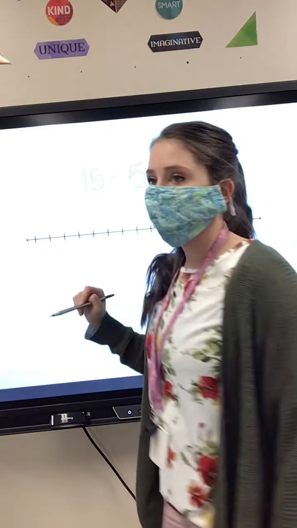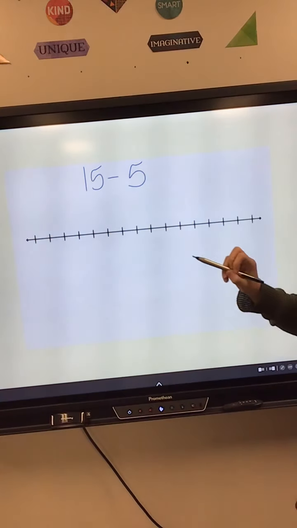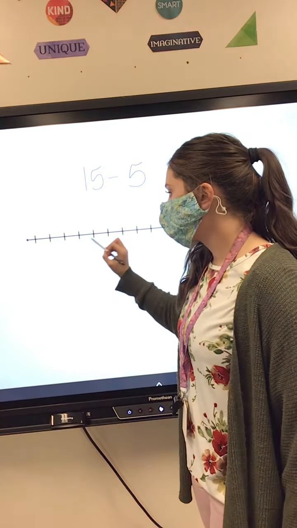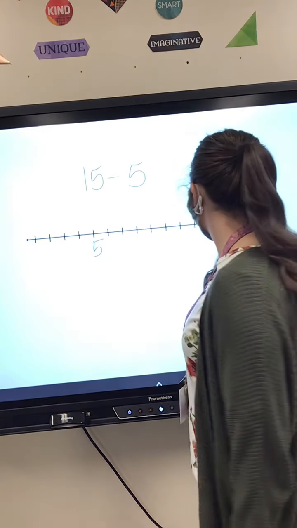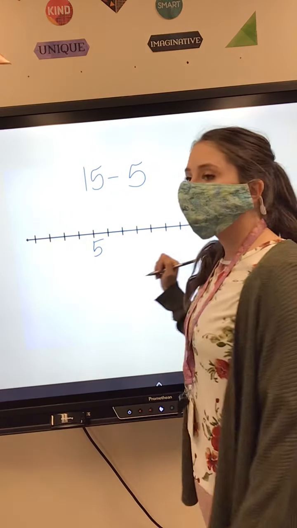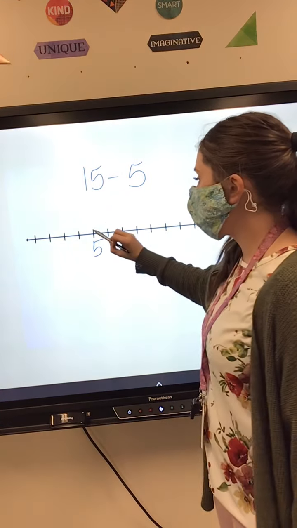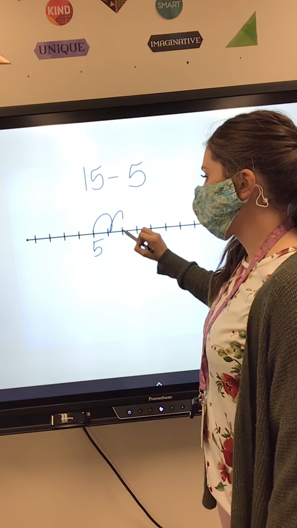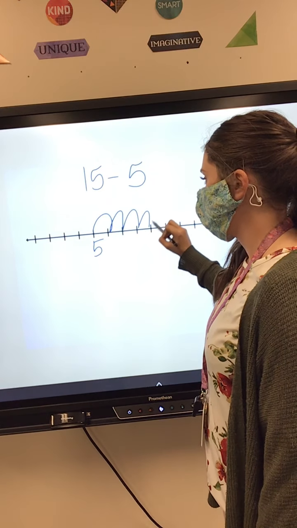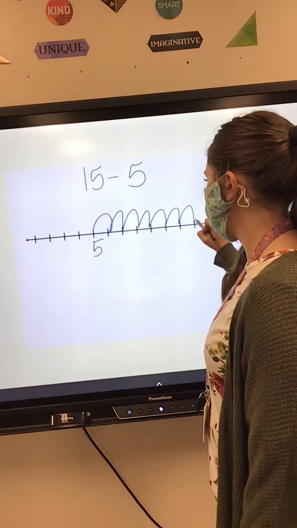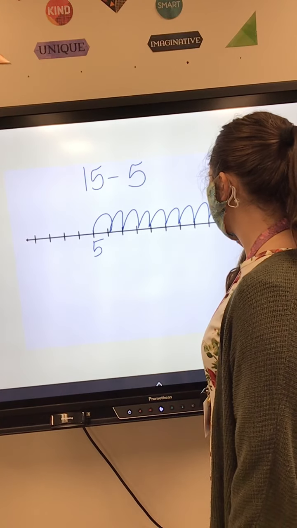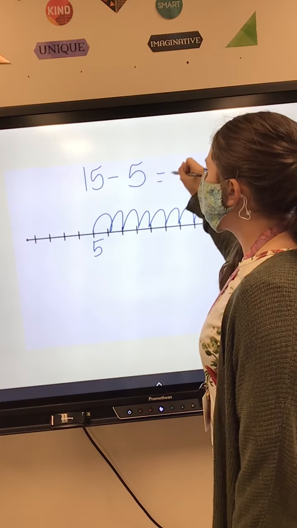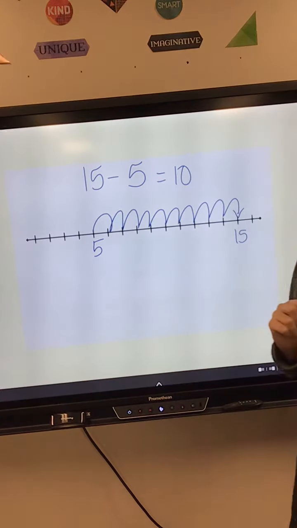I can't do it. Can we start at 5? Let's see. If we start at 5 and we take 15 minus 5, let's see. 1, 2, 3, 4, 5, 6, 7, 8, 9, 10. So that would be 10. Is that right? Yeah.